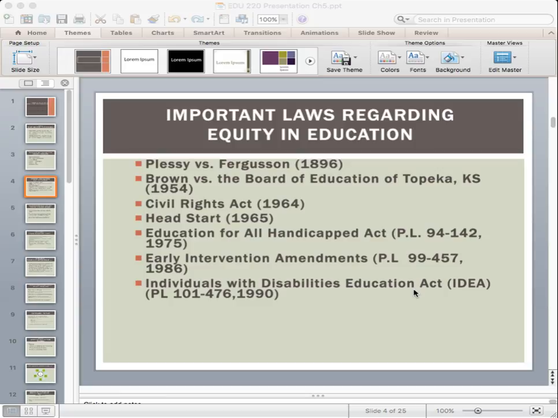And then finally, analyze the significance of special programs for young children. And in particular, we have, starting off with the PL 94-142, and then it just continues on. But it's very important for you to do your research.